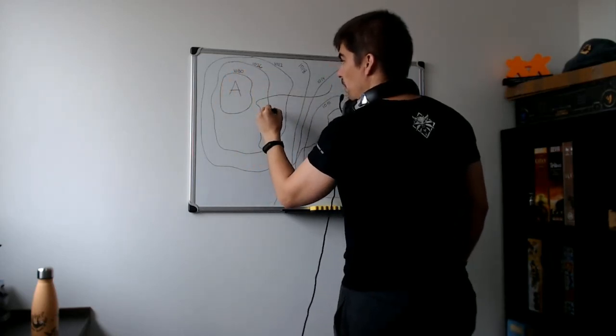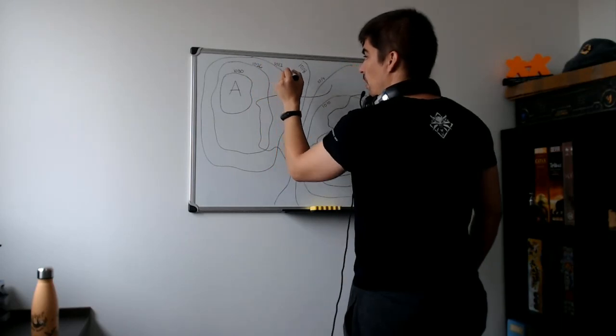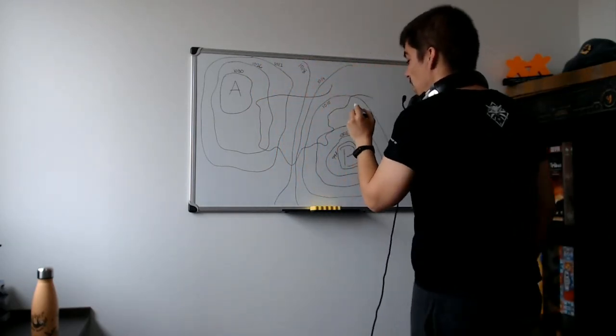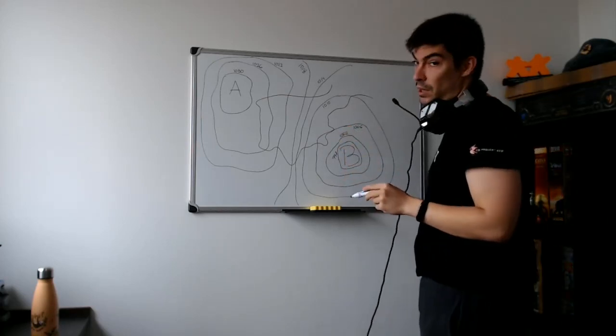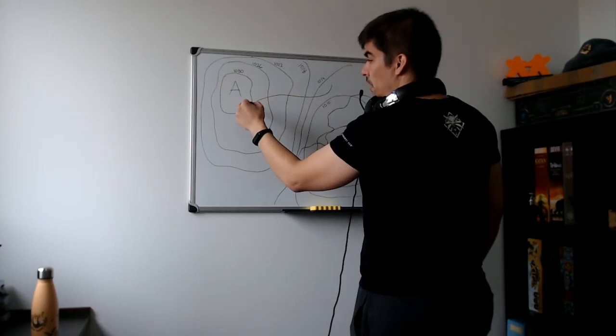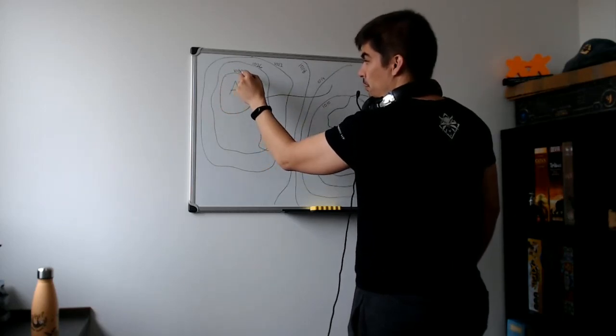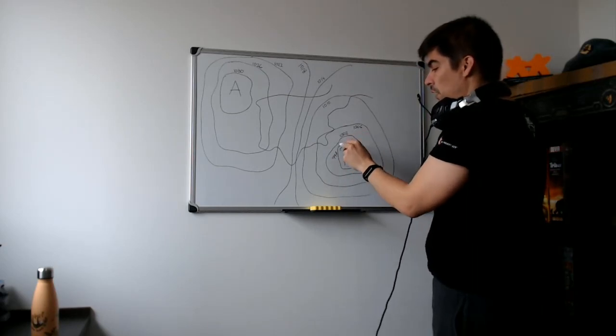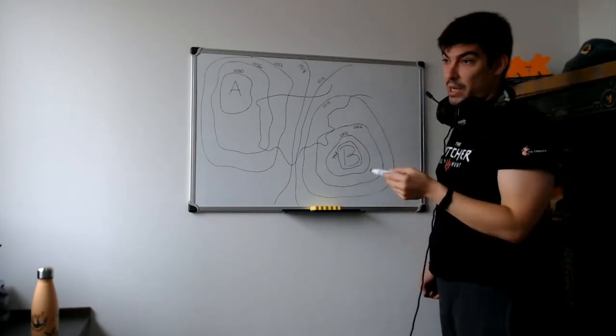In all these points, 1026, 1022, 1018, 1014, 1010, 1006, 1002, and 998. As you can see, the closer we are to the anticyclone, the higher the pressure is. The closer we are to the depression, the lower the pressure is.